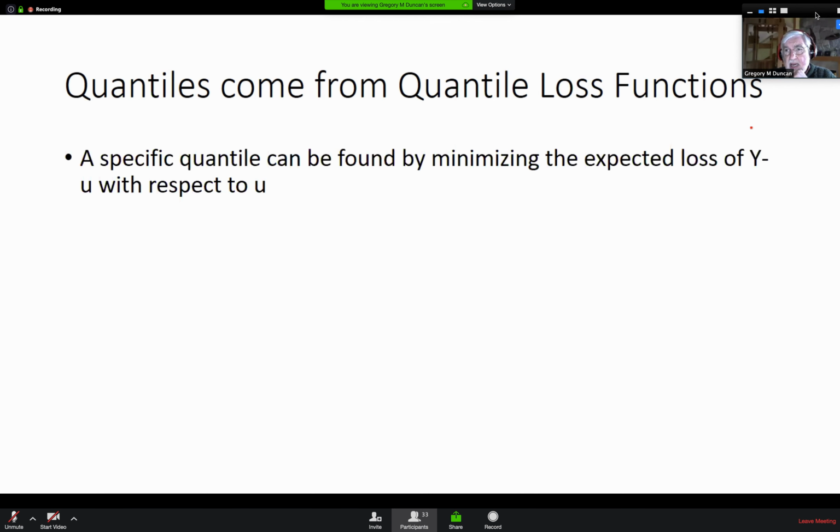So the quantile at tau is given by the u that minimizes the expectation of this loss function. The expectation is taken with respect to Y.